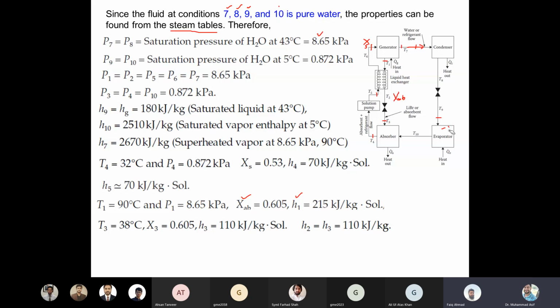Mass flow rate and mass fraction. I think for point 6, H6 is not known, because in order to have QG, you should have H6, H7 and H1, but we still don't have H6 because we don't have the mass flow rate, right? We only have the mass fraction. So that's why for the absorber we have to apply the energy and mass balance.